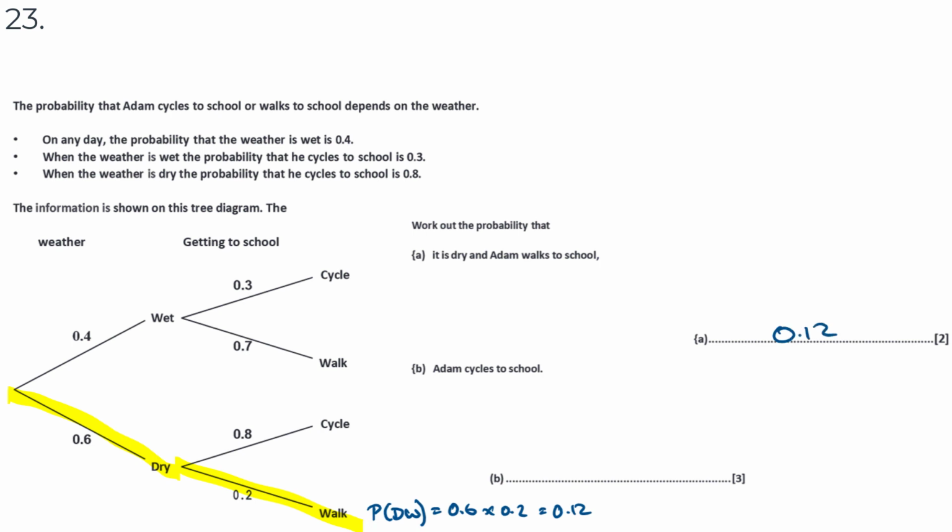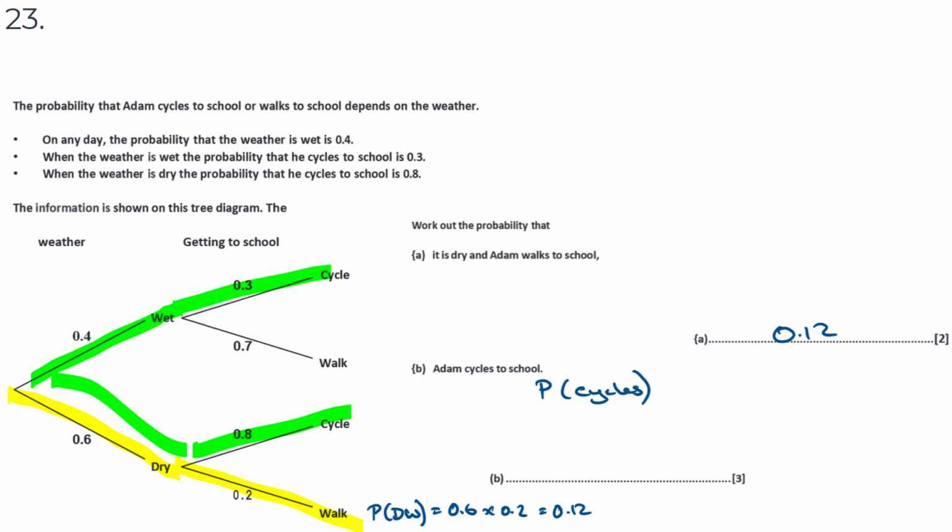Then part B says, what's the probability that Adam cycles to school? Okay. So Adam's cycling to school then. There are two possible routes through here, isn't it? So either it's wet and he cycles, or it's dry and he cycles. So the probability of cycles is probability of wet cycle plus probability of dry cycle.